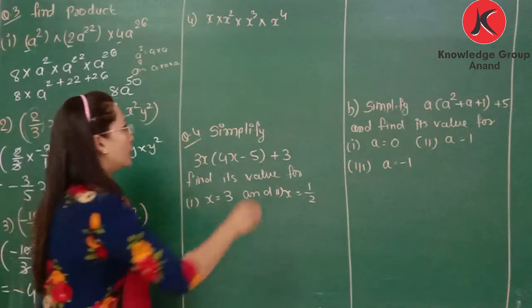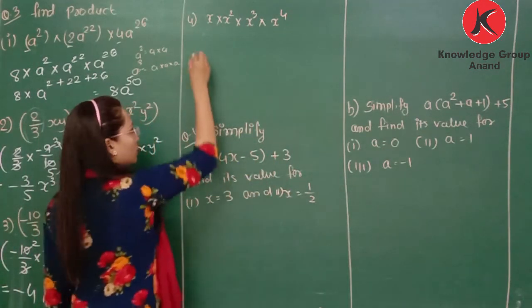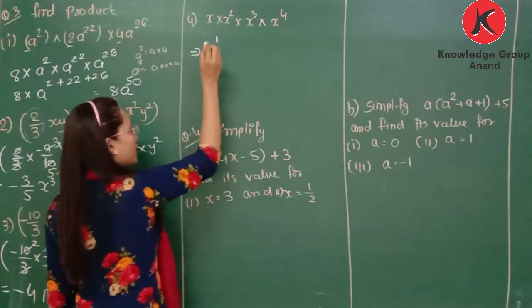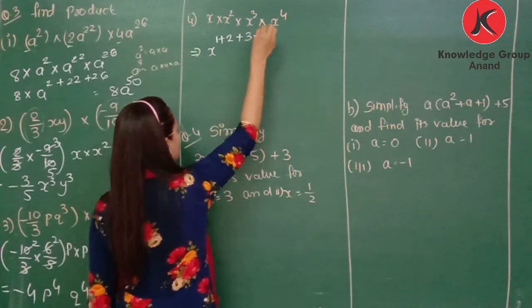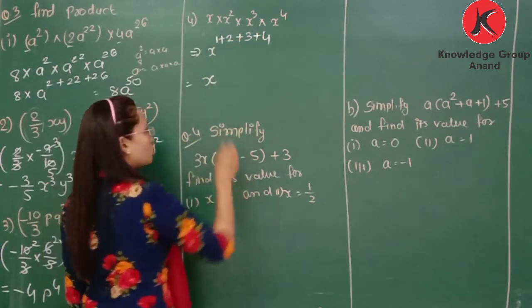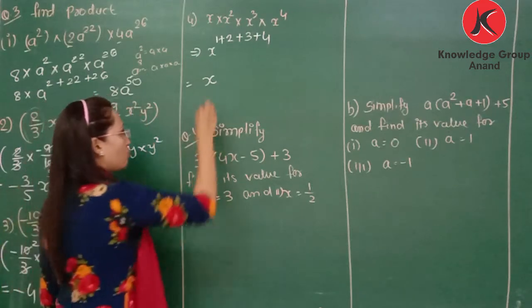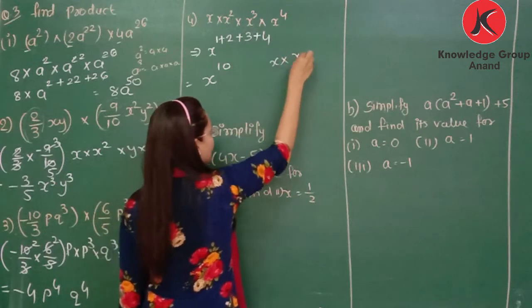Now next, x multiply x square multiply x cube multiply x raised to 4. So again you can apply the concept. Here x raised to 1 plus 2 plus 3 plus 4. It is x raised to 1 plus 2 is 3, plus 3 is 6, plus 4 is 10. You can see here x is 1 time, x square is x multiply x.